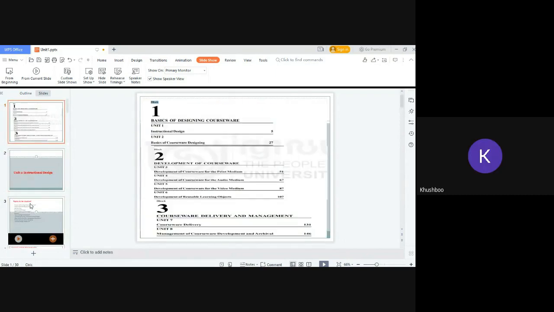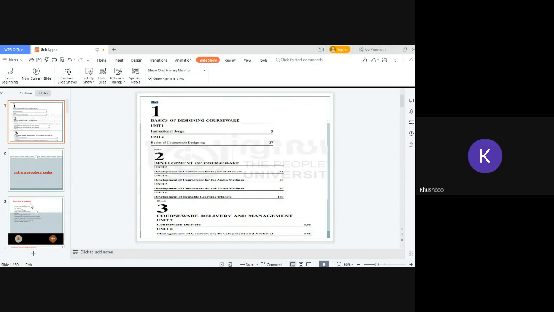Ma'am, one more thing: in the online counseling schedule that was sent by mail, the subject codes are written as MES 031, 032 like that. I have taught MES 032. But ma'am, one of the courses they have asked you to impart is MES 134. Is it 034 or 134?